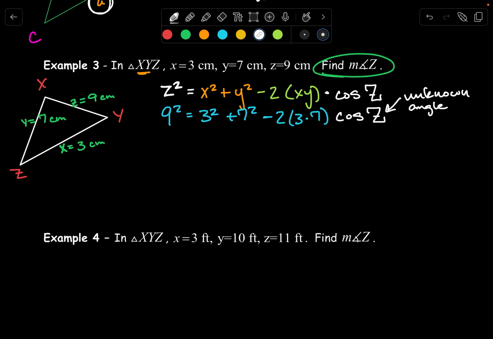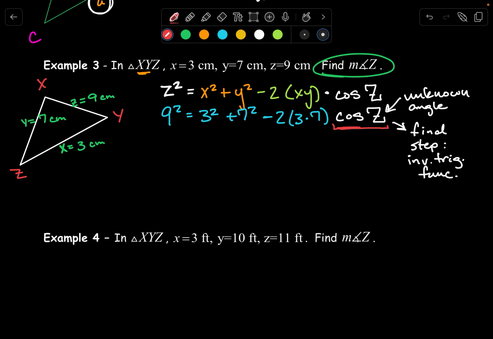And one thing I've said to my students is if you know you're looking for an unknown angle, that's your final thing that you're going to do, then your final step should be inverse trig function. That should be your final step. So if I am looking for an unknown angle, the last thing I'm going to do is end up getting rid of this cosine through the inverse cosine function.